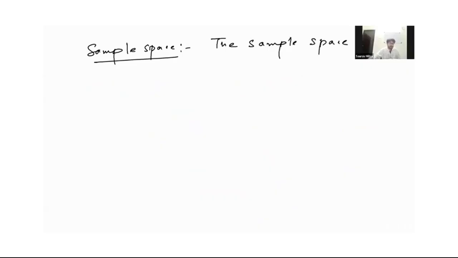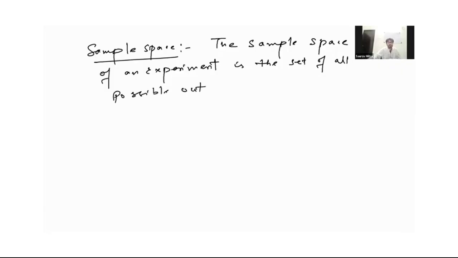The sample space of an experiment is the set of all possible outcomes.